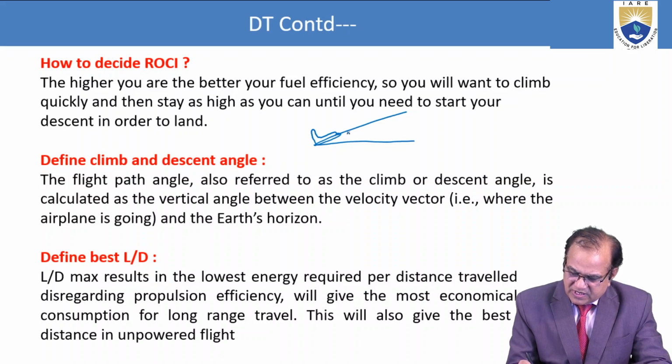So this is your velocity V, this is the gamma. So rate of climb is the vertical velocity.